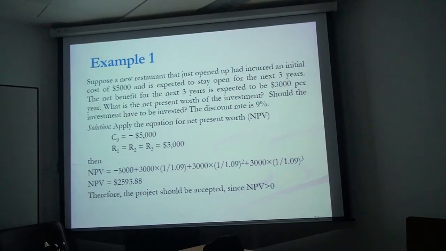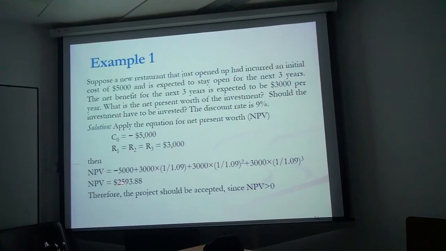9%. So we have an initial cost of $5,000, and revenues coming in of $3,000, and we are finding the net present value. Remember that net present value is discounted benefits minus discounted costs. So all the benefits are discounted here, minus this initial cost.